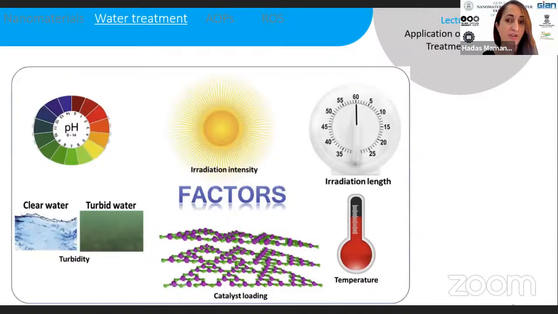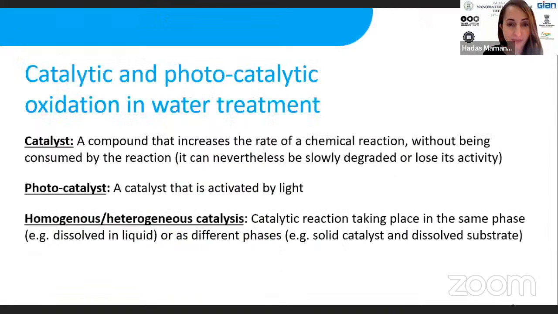Now, one of the key factors in these light-based processes is, of course, the radiation intensity and also the radiation wavelength, okay? The water temperature, the turbidity of the water, alkalinity, the pH of the water. If we have, for example, iron in the water, so all these parameters, the carbonate system, I said alkalinity. So all these parameters are very critical for the success of AOP processes.